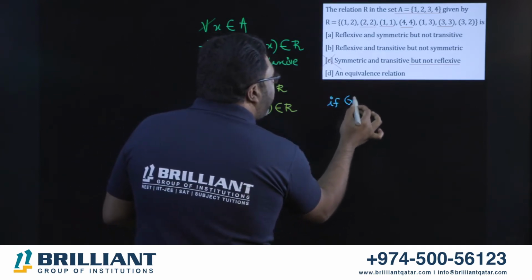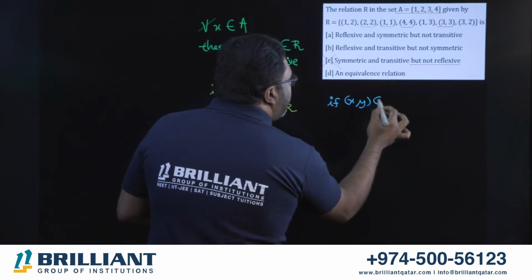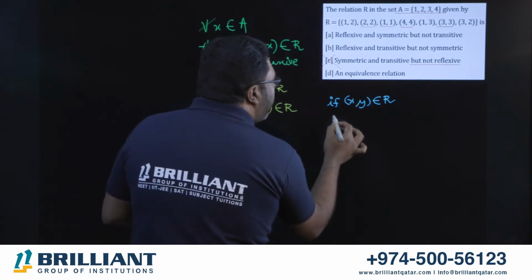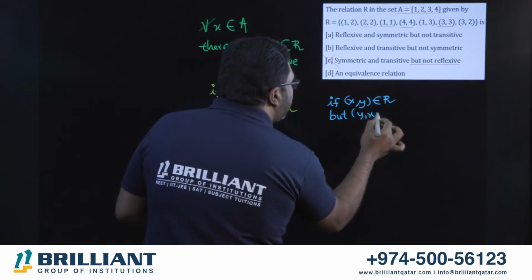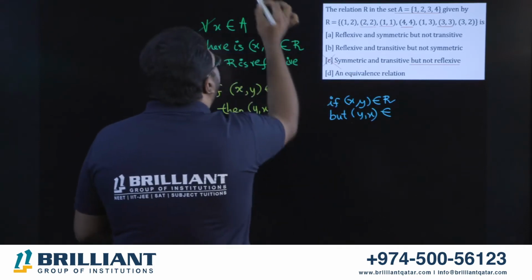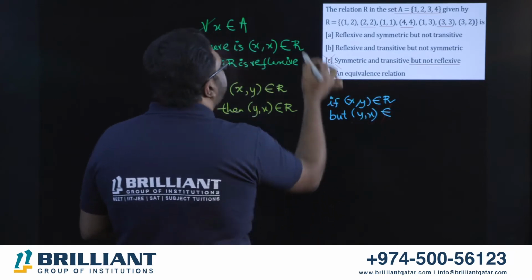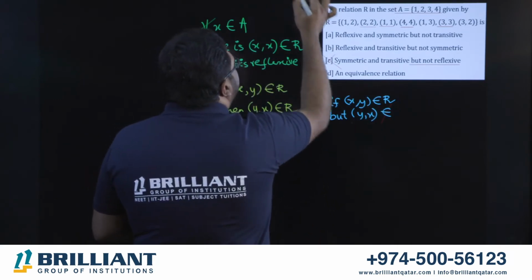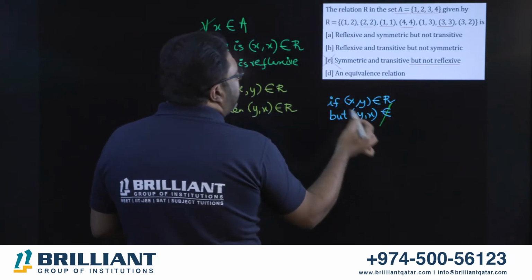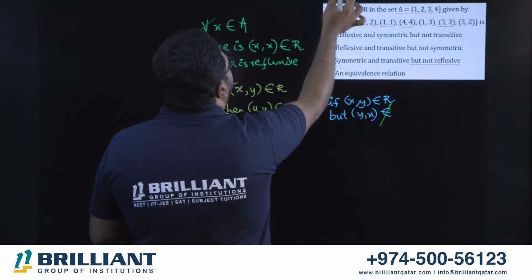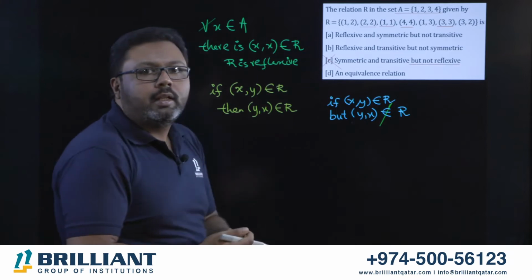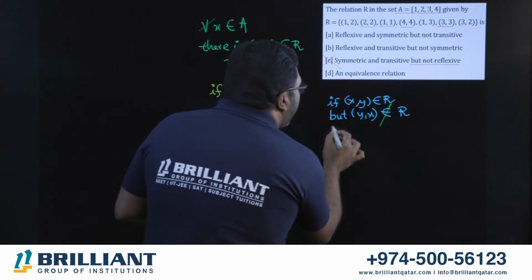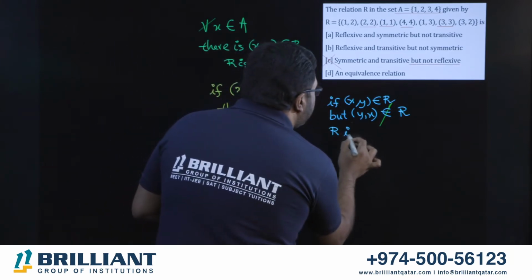If the ordered pair (x, y) belongs to the relation R, but the ordered pair (y, x) does not belong to R, learn it, my dear students, then this is the situation where R is not symmetric.